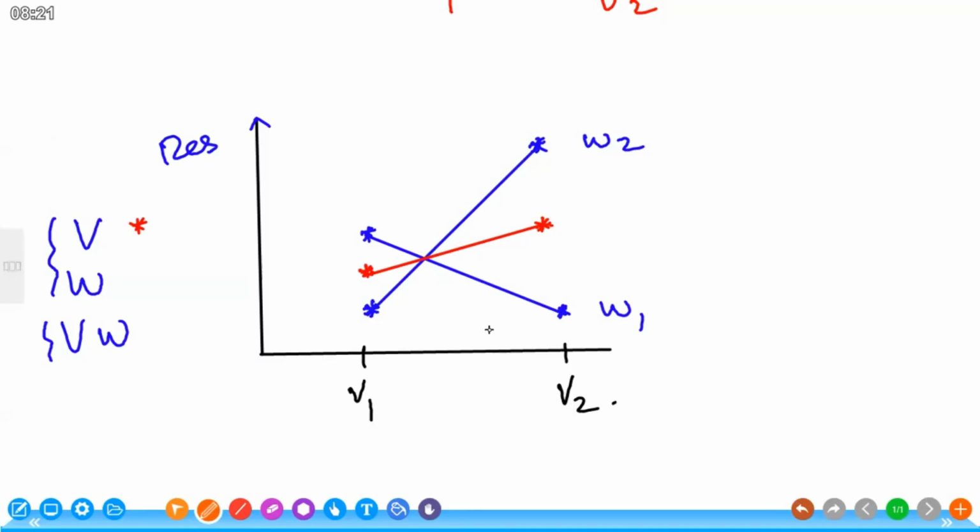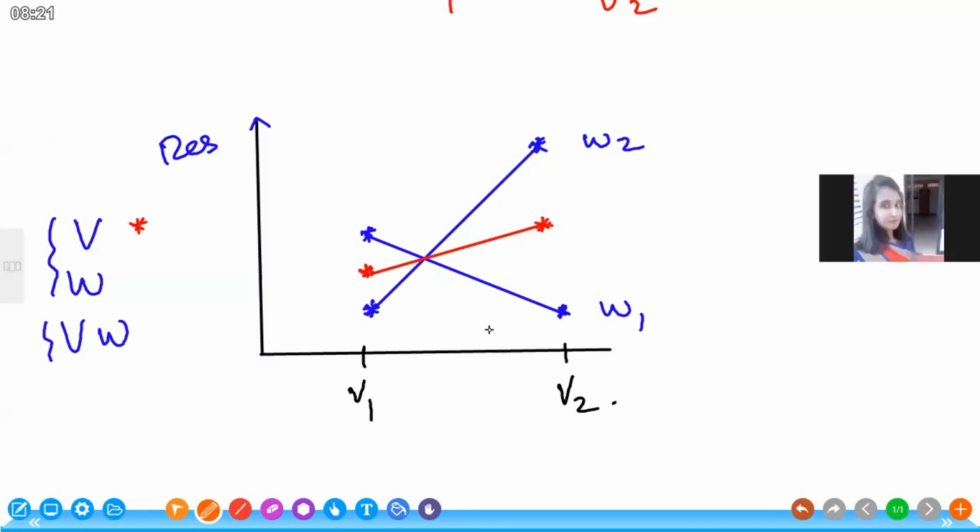It's between the V1 and V2. No, I'm asking the average of W1 and W2. What is the value for W1 and W2?